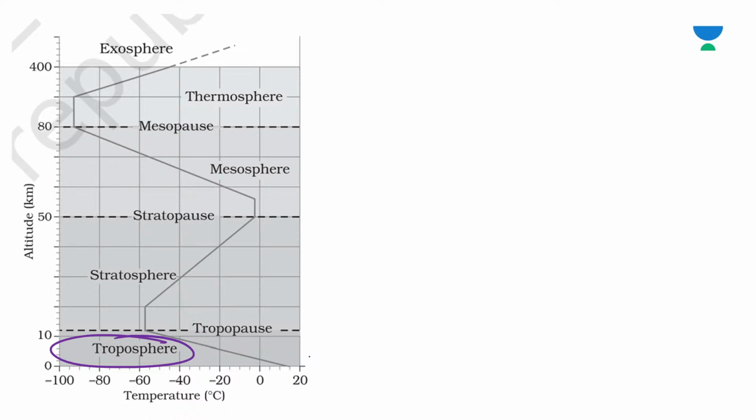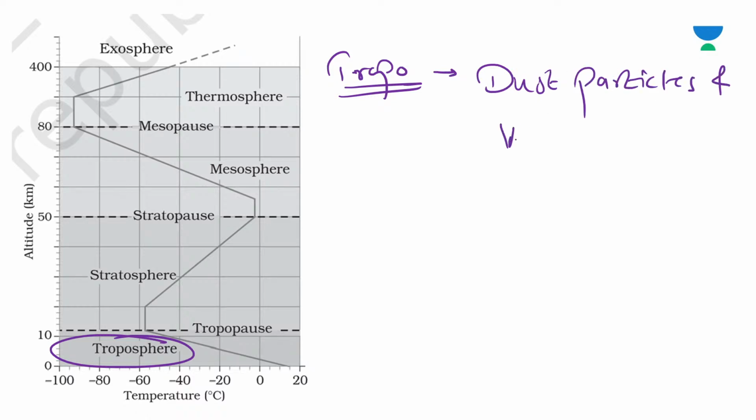So now, the thickness of the troposphere is greatest at the equator because heat is transported to great heights by strong convectional currents, and this layer contains dust particles and water vapor.